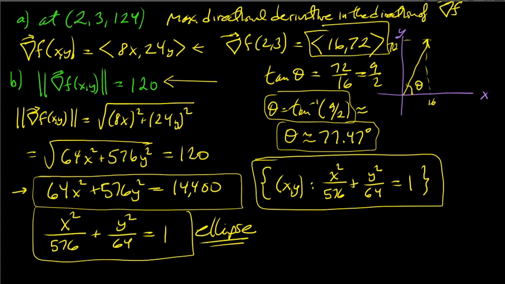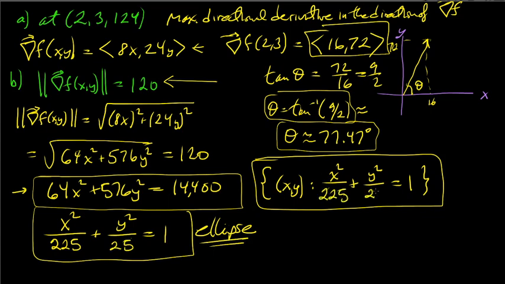And clearly I cannot do math in my head here. So these are wrong. The first equation was right. I'll fix the other ones. Okay, so 14,400 divided by 64 is 225, and 14,400 divided by 576 is 25.